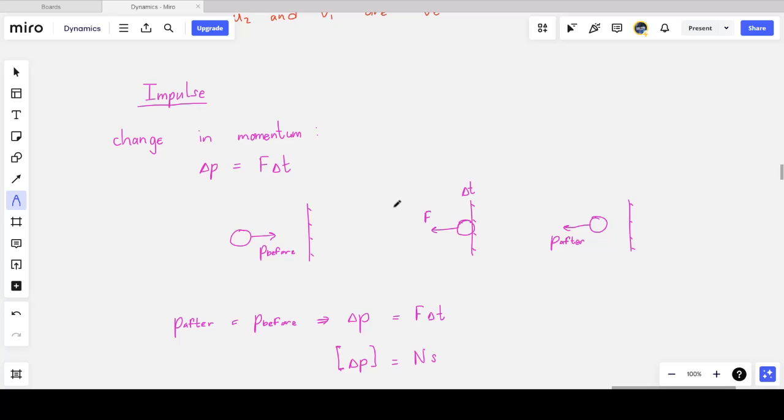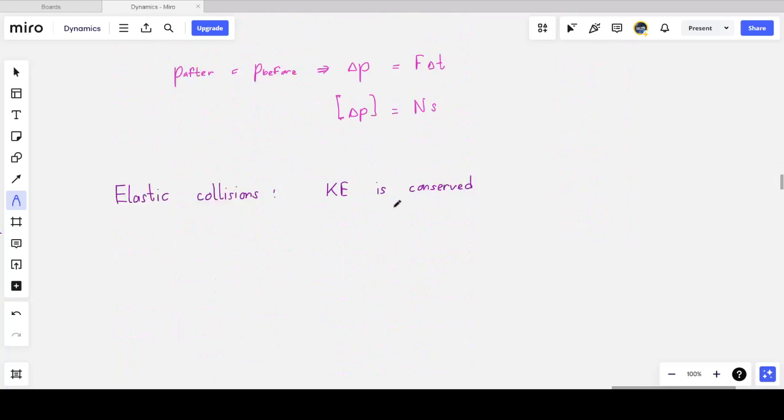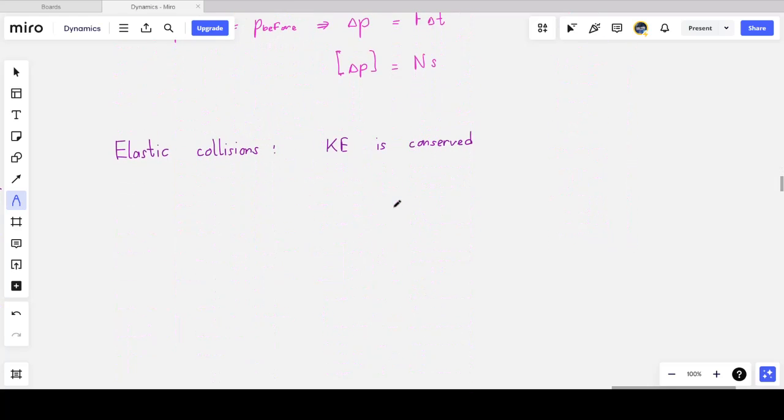And that's because it will lose some of the energy as it strikes the wall, as it deforms, and some of its energy gets transformed into elastic potential energy, into heat, into sound, etc. So it'll lose some of that kinetic energy, but the momentum will still be conserved. If we also have kinetic energy conserved, we call this an elastic collision. So let's look at an example.